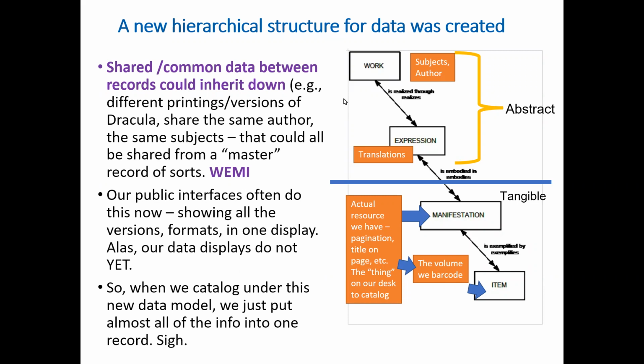And one of the ideas that came about, which I think is fantastic, is that any common data between records could inherit downward. So if you have different printings and versions of Dracula, they're going to have all the same subjects, right? Now, if it's a parody, it's going to be different.